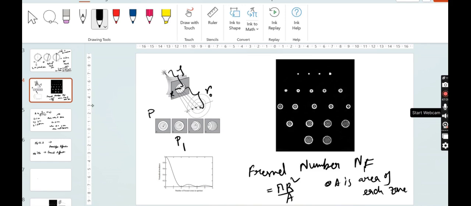So here you can see two zones. Here we can see the second zone has been partially obscured and the third begins to show. Here in P2 we see the first zone is there, the second is not full, the third part of that is there, the fourth is beginning to show up, and when it moves to P3 it looks like this.